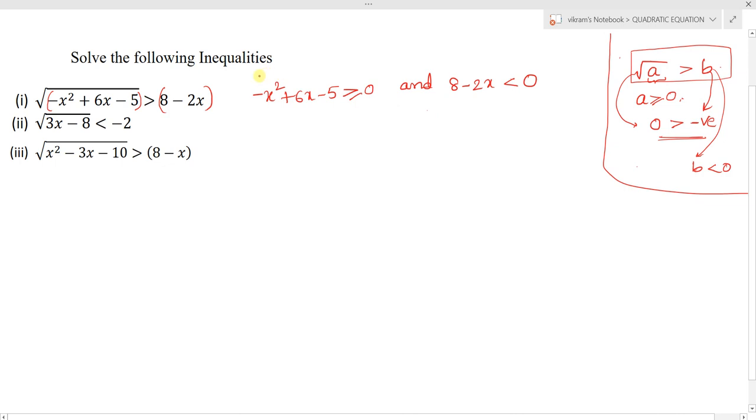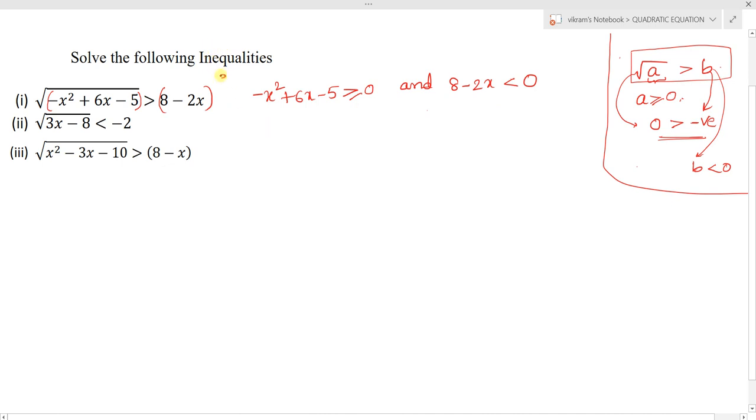To solve the first inequality, the square root of minus x squared plus 6x minus 5 greater than 8 minus 2x, we need to consider cases. Either minus x squared plus 6x minus 5 is greater than or equal to 0 and 8 minus 2x is less than or equal to 0.